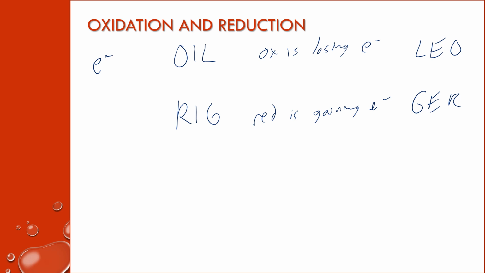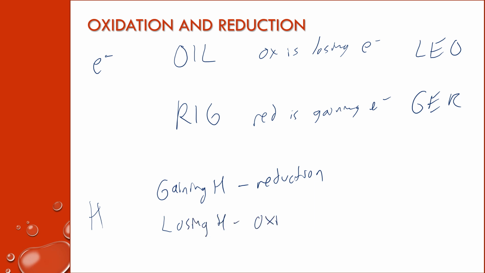But you can also define oxidation and reduction in terms of hydrogen. So if something is gaining hydrogen, that's reduction. But if something is losing hydrogens, that's oxidation. For the most part, we're going to talk about the gaining or losing of hydrogens in reference to organic molecules being oxidized or reduced.